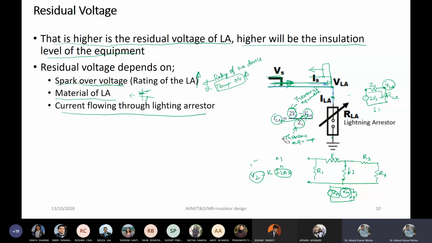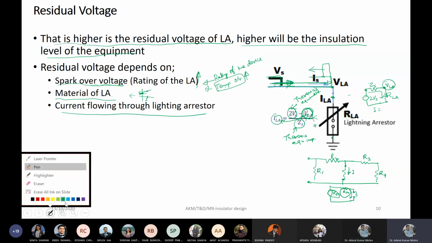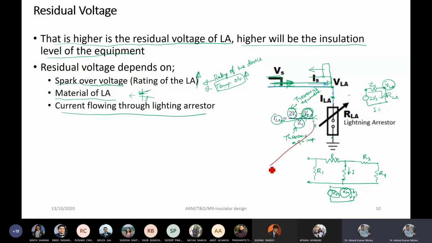Here from this expression, what I want to convey is that this voltage, definitely we expect lower for lower system voltage, isn't it? The lightning arrestor voltage, say for example, for 11 kV must be less than for 400 kV, isn't it?